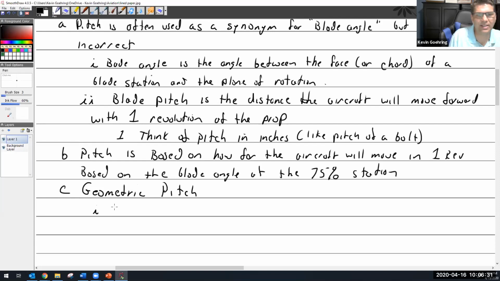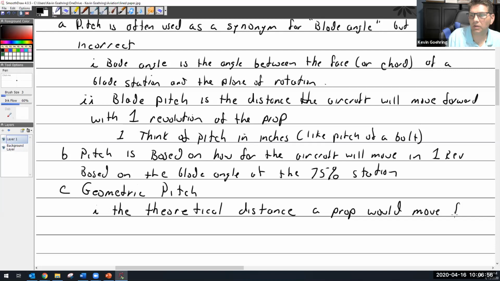Geometric pitch is the theoretical distance a prop would move forward in one revolution, in one rev.